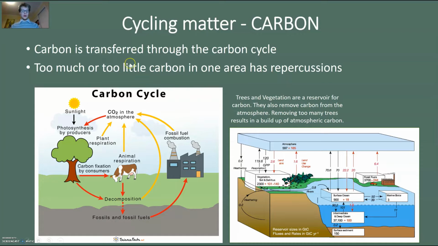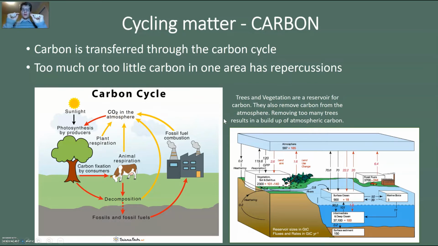The summary of how carbon is cycled is the carbon cycle. Carbon is transferred through this carbon cycle. So we can look at how carbon that was once in these trees can then be moved on to be carbon inside animals and consumers, which can be moved on to carbon inside decomposers, which can be moved on to be carbon inside soil. That can end up eventually to be carbon back in the atmosphere.